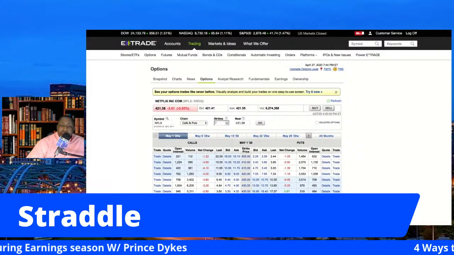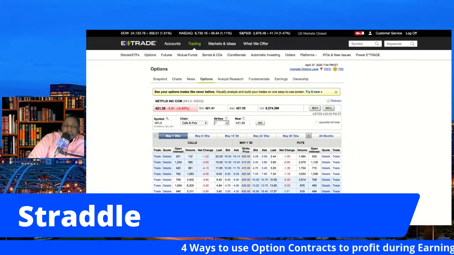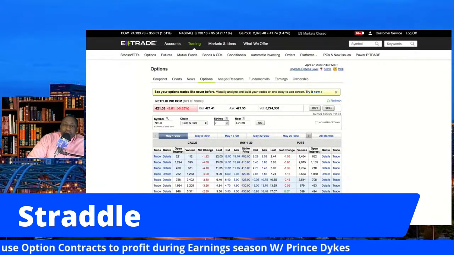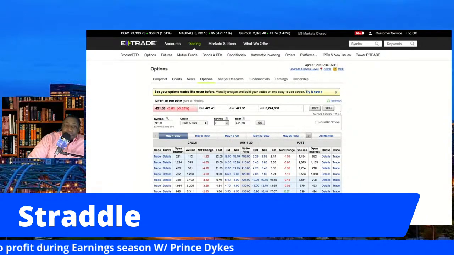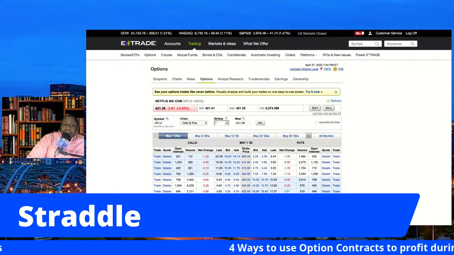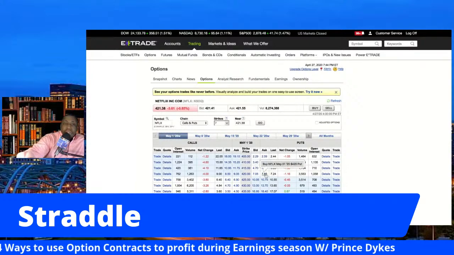I'm going to give y'all some secret sauce here later on for y'all new beginners. When this stock moves and goes crazy, one side is going to lose and be worthless, but you're hoping that the positive side goes up so high that you make back the money. So let me show you how to do that.